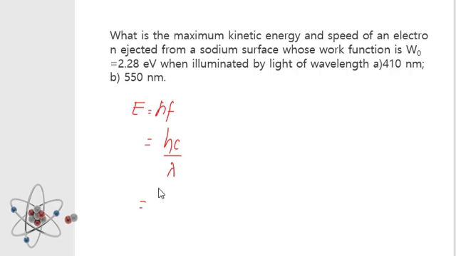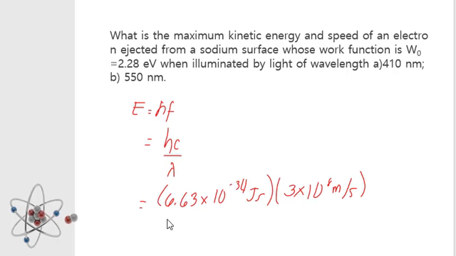So c is the speed of light and h is 6.63 times 10 to negative 34 joule seconds, multiplied by c, which is 3 times 10 to the 8 meters per second, divided by, if our lambda is 410 nanometers, 410 times 10 to the negative 9 meters. This amount of energy is equivalent to 6.63 exponent negative 34.